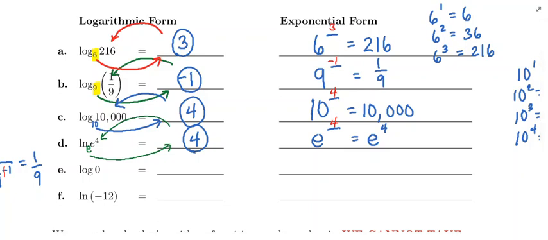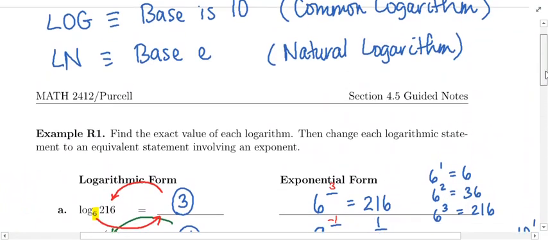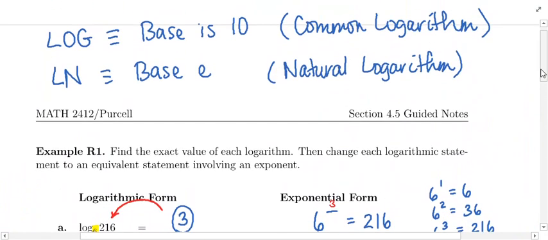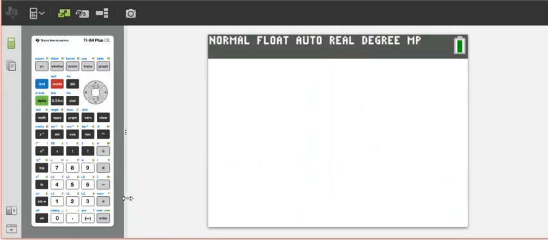Something I want to mention will be helpful when we do parts E and F. ln and log are very prevalent for logarithms. You're going to see a lot of logs and a lot of natural logs. If you look at your calculator keypad, where my arrow is, you have a log button and a natural log button.